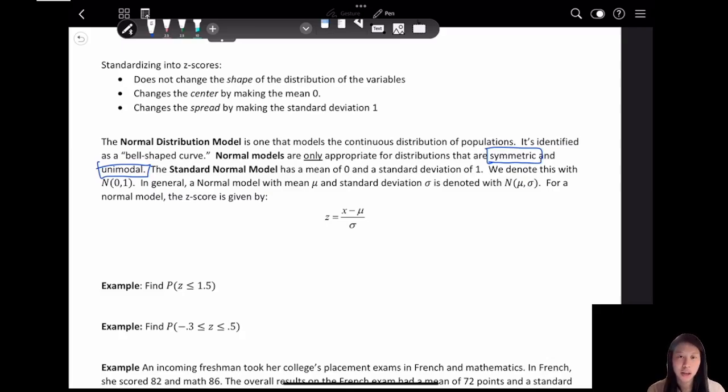In general, a normal model with a mean mu and standard deviation sigma is denoted N(mu, sigma). But for the standardized normal distribution, we use the variable z with mu equal to 0 and sigma equal to 1.